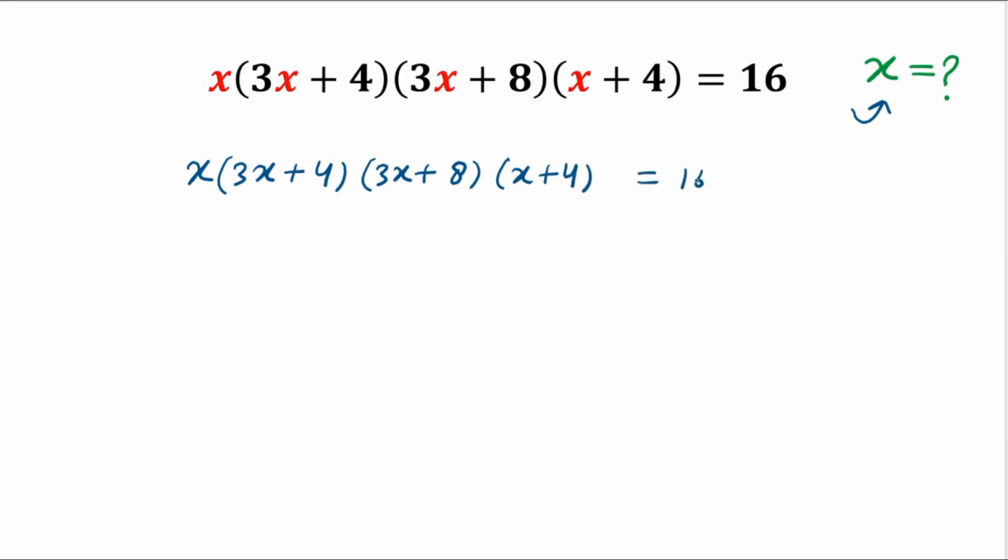Now first, we multiply x by (x plus 4), and (3x plus 4) is multiplied by (3x plus 8). Then x is multiplied by x, giving x square, plus x is multiplied by 4, giving 4x.